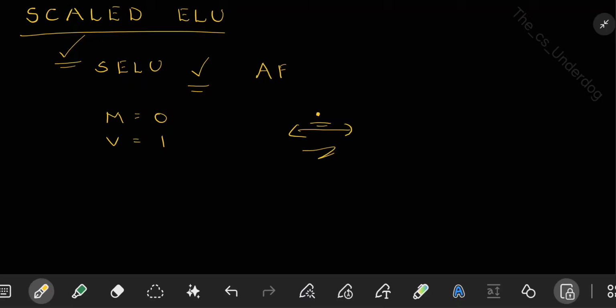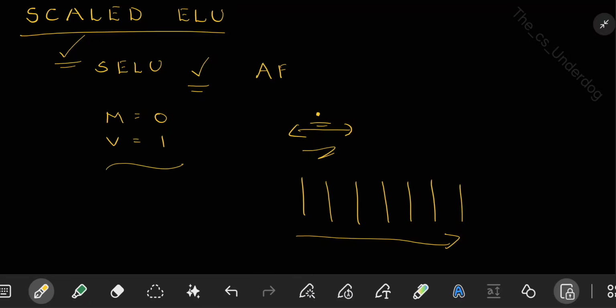Now the point is, when the data is going through the layers of your neural network, it is important that you keep this quality. Let us say your input data has this quality. Then when you take this data through your neural network, you should be able to preserve it. In order to do that, at each layer, you want some sort of special operation, and that operation is SELU.